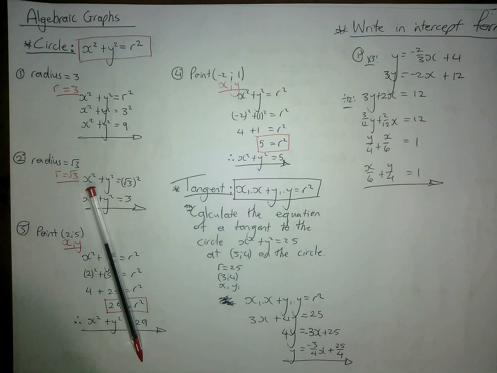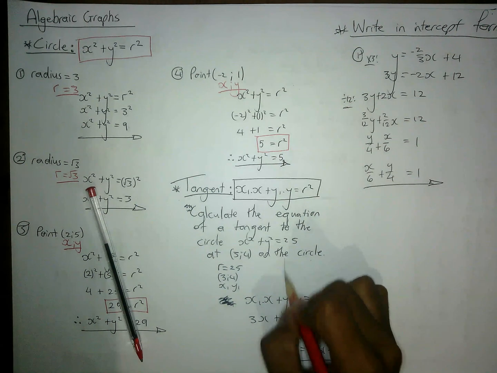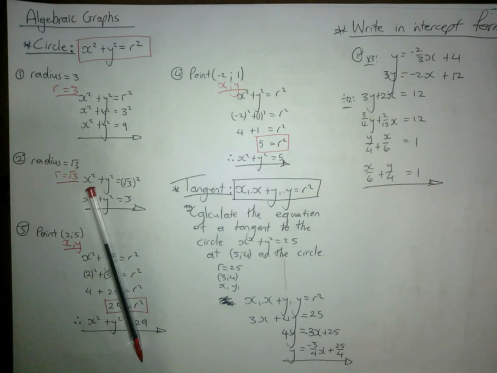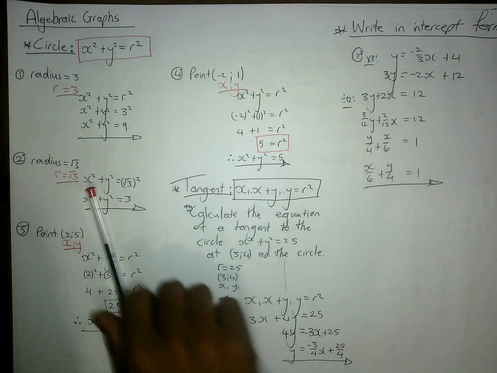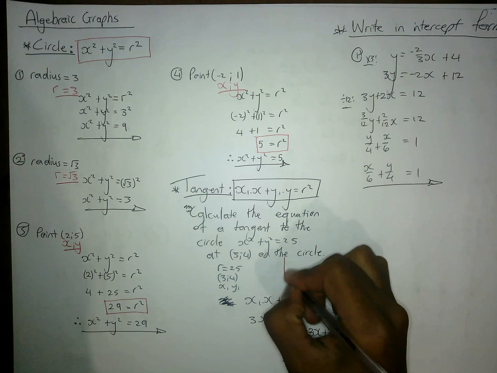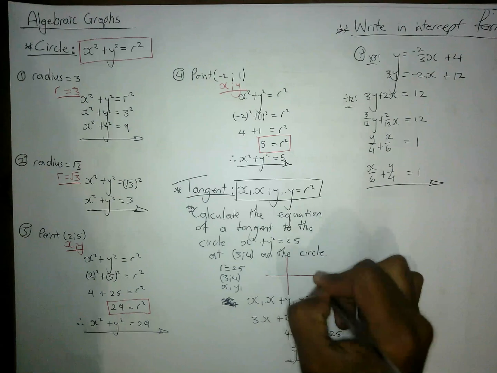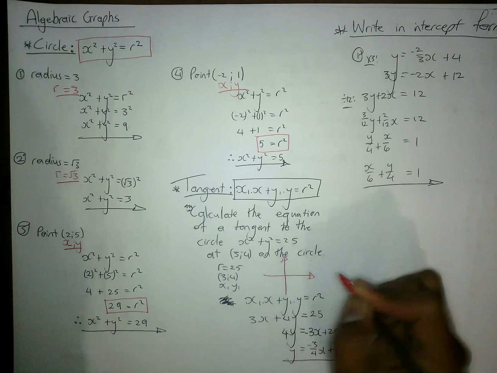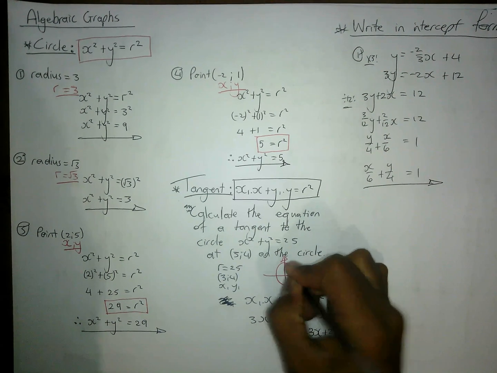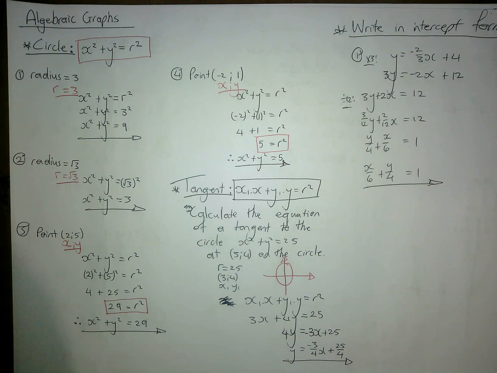What does this mean? Okay, you guys can't see the pens almost, né? Let me use the red pen. So here we have our graph, and then we have a circle.